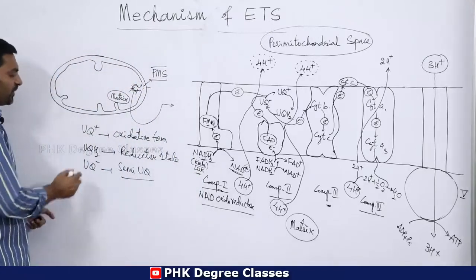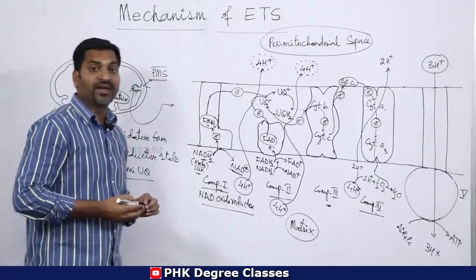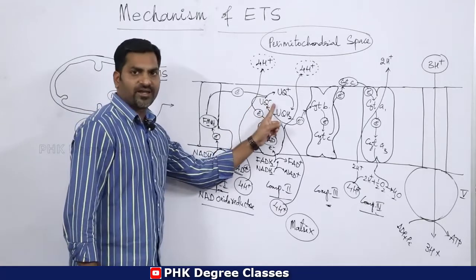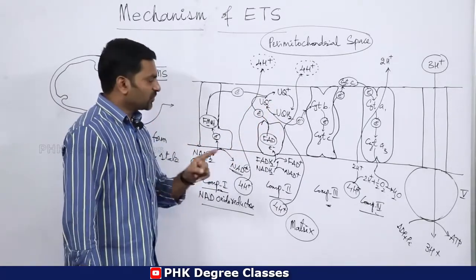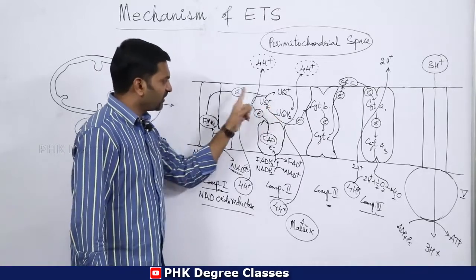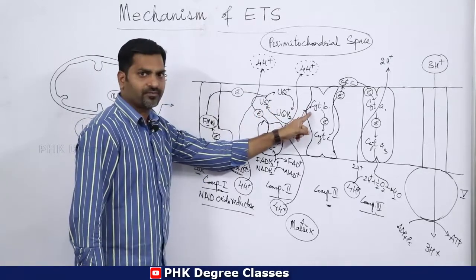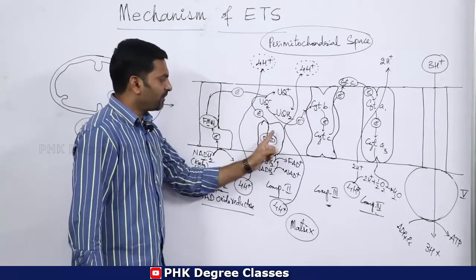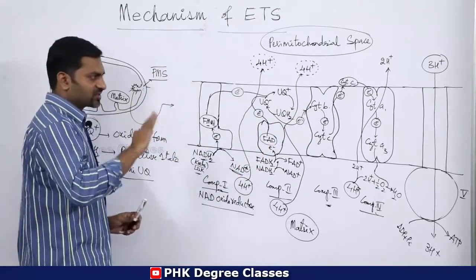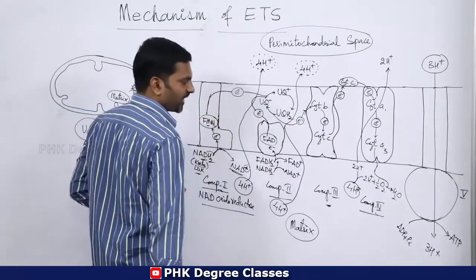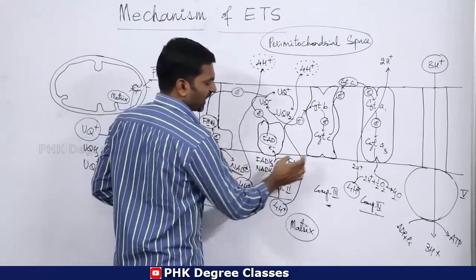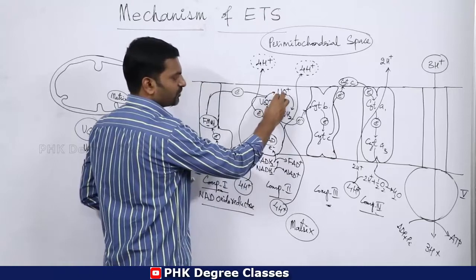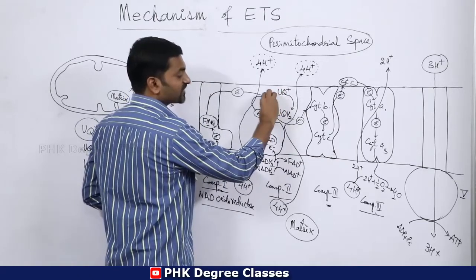Okay. So ubiquinone is one of the mobile carriers, generally a mobile electron carrier. It is located between complex 1 and 3, or complex 2 and 3, right? So see carefully the diagrammatic representation. This is complex 1, complex 2 and complex 3. This is ubiquinone. Ubiquinone is a mobile carrier.